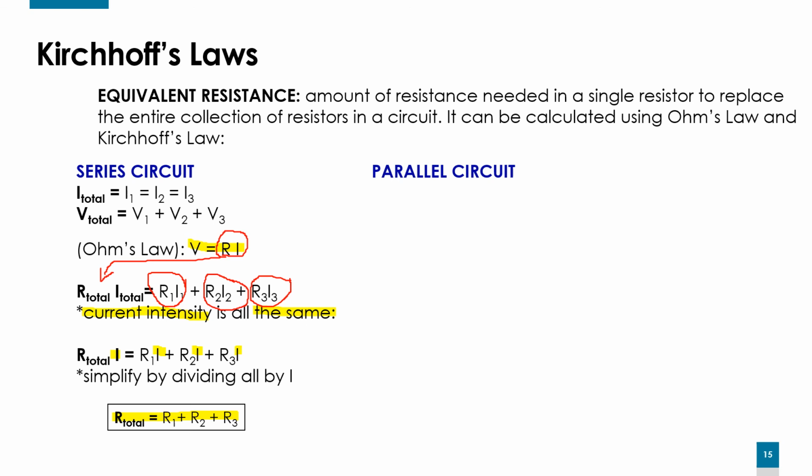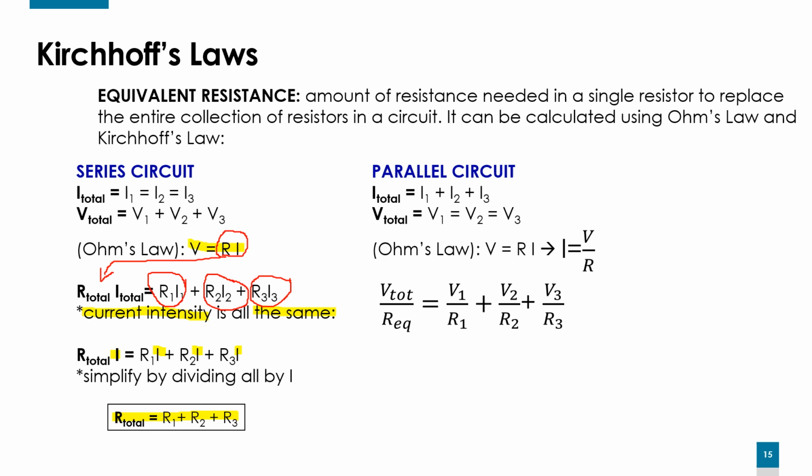Parallel circuit. In a parallel circuit, I have my current as a sum of each of them, and my voltage is equal for all of them. I'm going to apply Ohm's law, but I'm going to arrange it a little bit because I is going to be V divided by R. So I'm going to put V total divided by R equals V1 divided by R1, V2 divided by R2, V3 divided by R3.